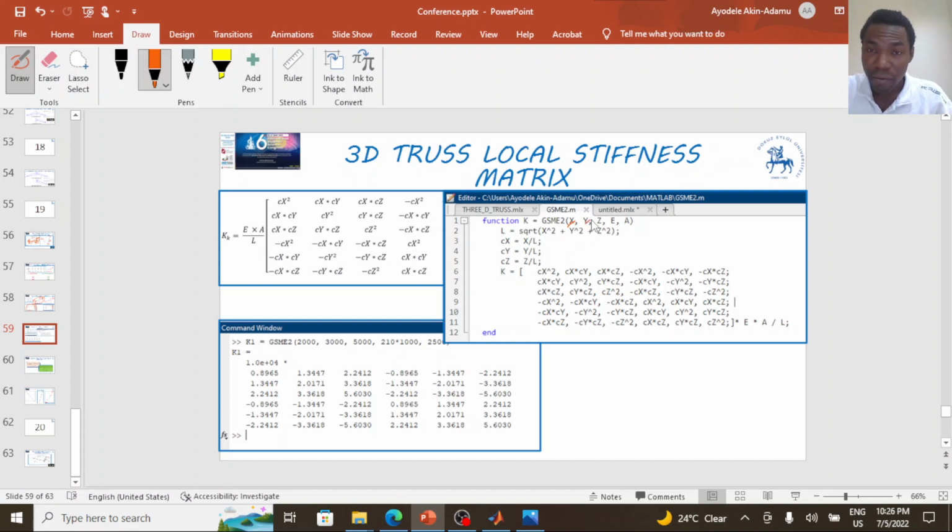The Y is the difference in the y coordinate, the y coordinate in the end node minus the y coordinate in the start node. Same thing for Z. E is the Young modulus, A is the cross-sectional area.